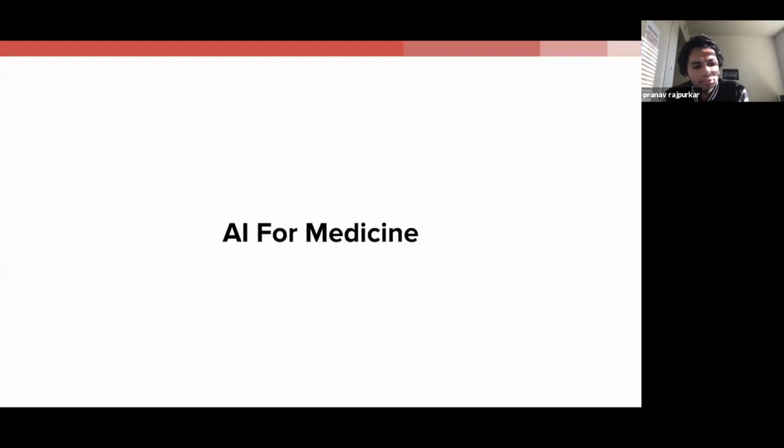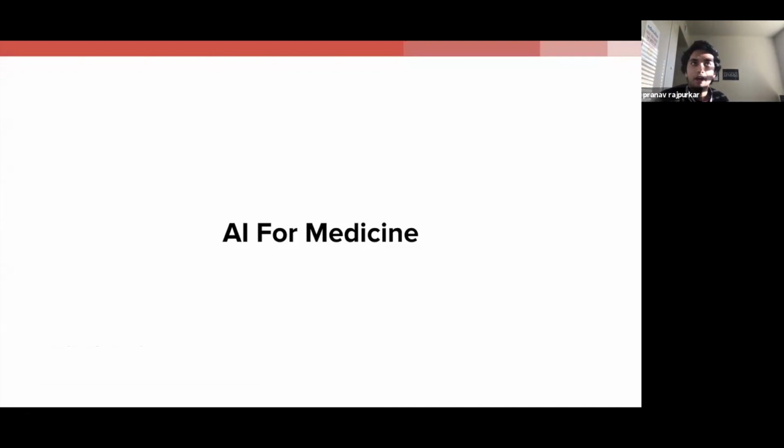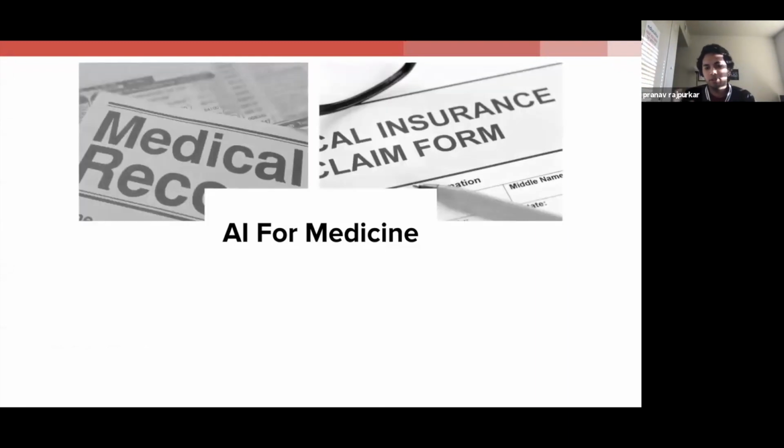If we just look at the field of AI for medicine over the past 3 or 4 years, there's really been an explosion of the kinds of things people are doing, both in research and in industry. And we're seeing some of this transition from research projects into technologies that are applied on real patients.